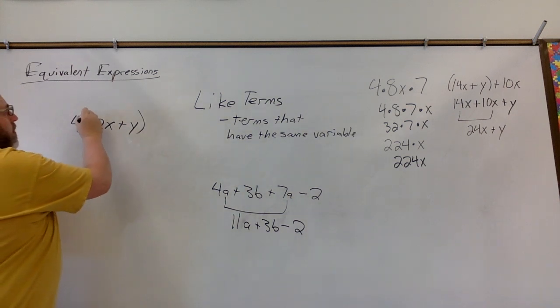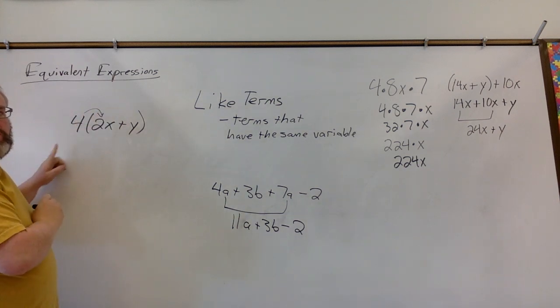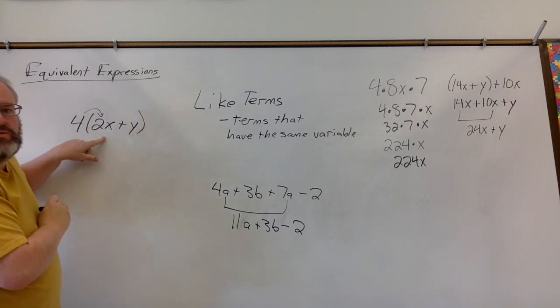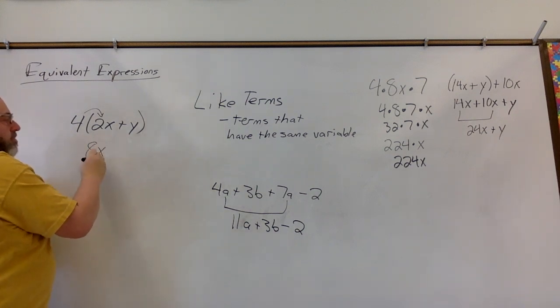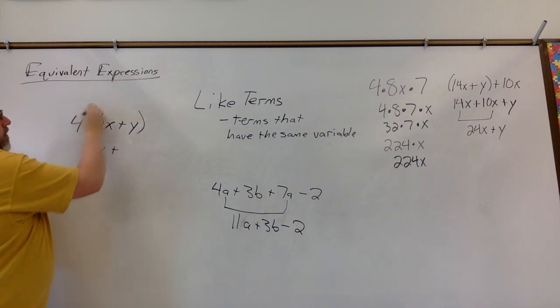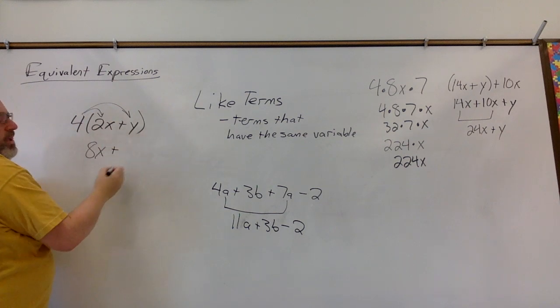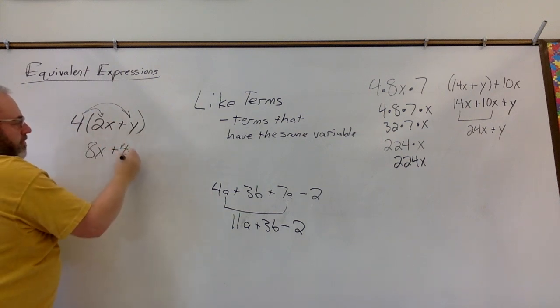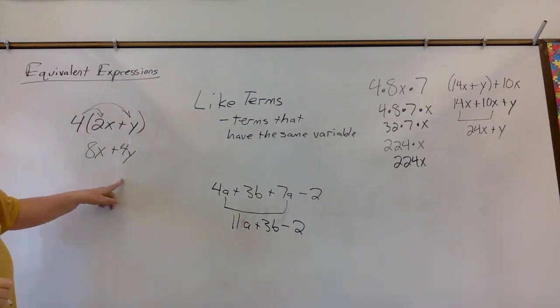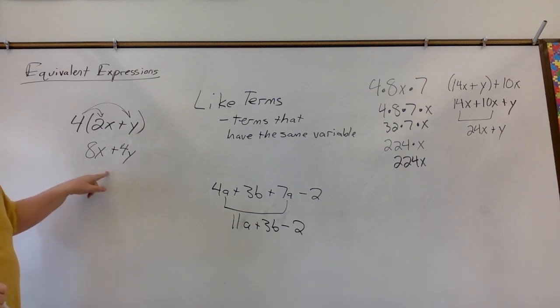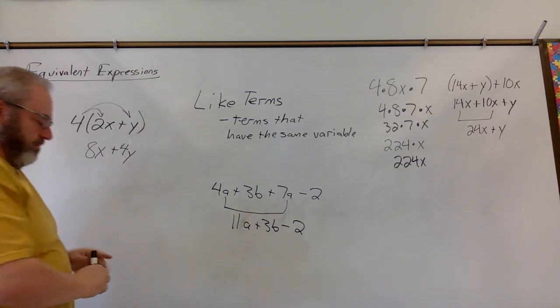So I'm going to do 4 times 2x. 4 times 2 is 8x plus 4 times y, 4y. Can we combine these last two terms together? No. There's an x and a y, two different terms. So this is our final answer on that problem.